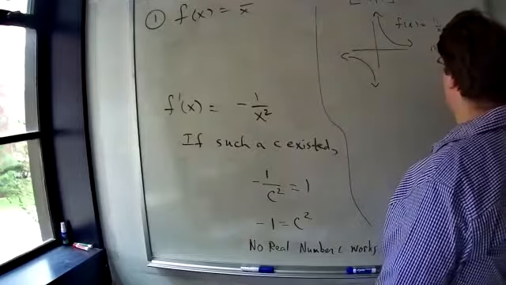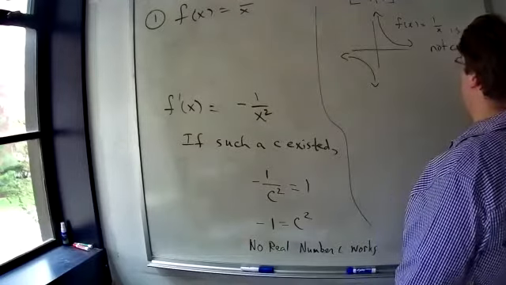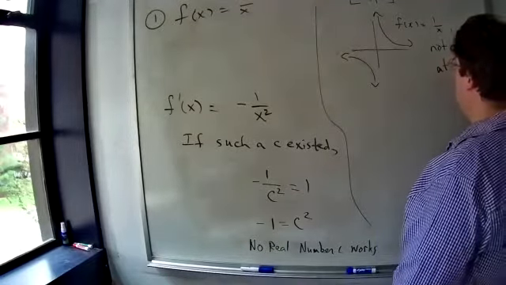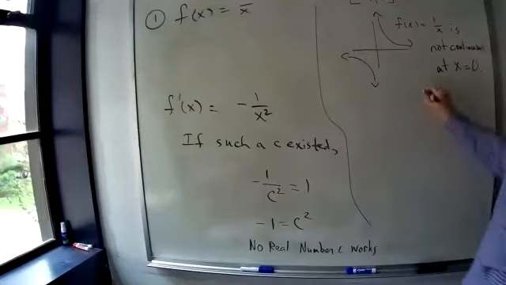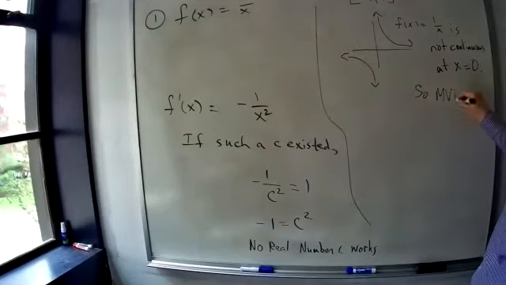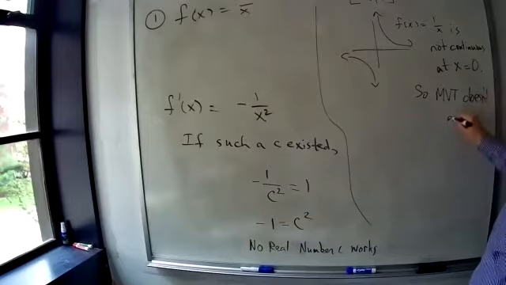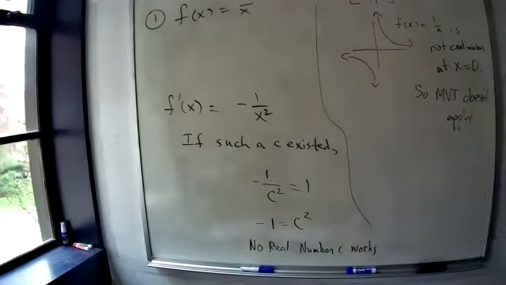It is not continuous at 0. So the mean value theorem, abbreviated MVT, doesn't apply. You could also say it's not differentiable, but that is technically because it's not continuous. Any questions about that?